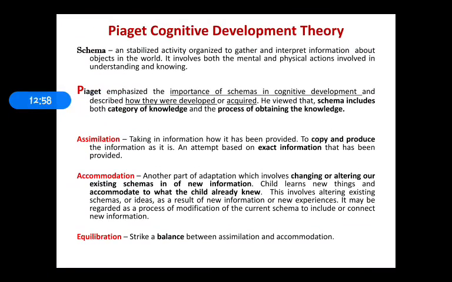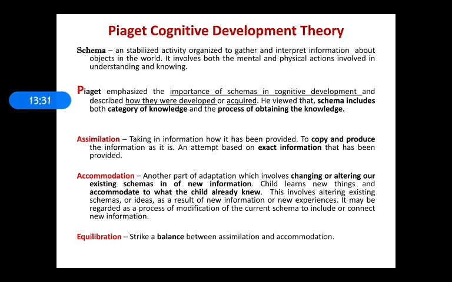So you have gathered an idea about a certain thing, having understood or taken in the information. Now Piaget tried to emphasize the importance of schema in cognitive development and described how schemas are developed or acquired. He viewed that schema includes both a category of knowledge and the process of obtaining the knowledge.